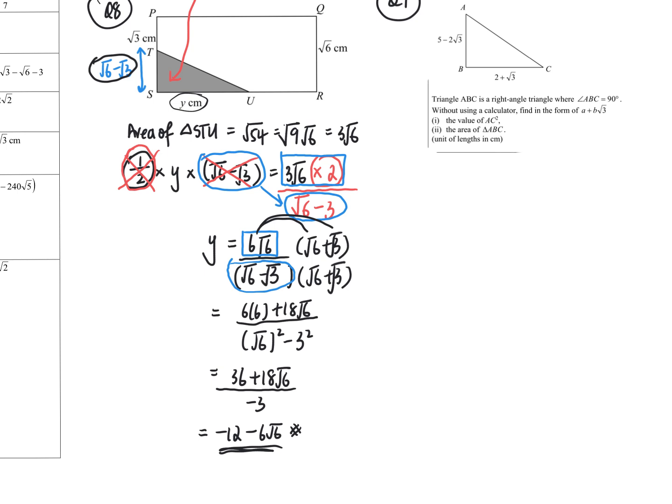Okay, so that means this will have a change. Negative 3 squared, so this one will just be positive 3.